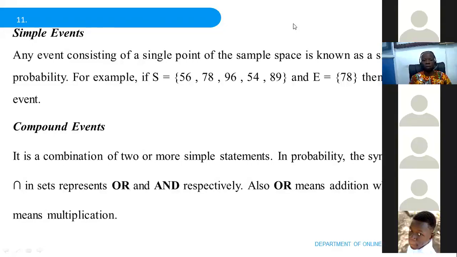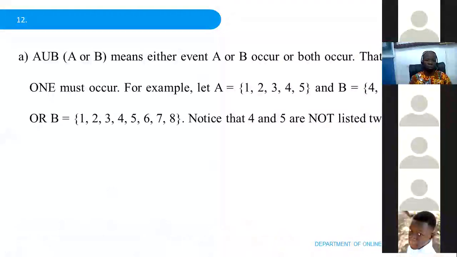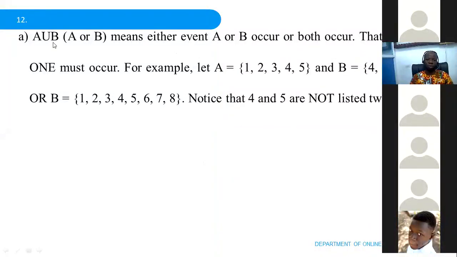Let's go to the next thing. Hence, for any two events, please write that. For any two given sets A and B, A union B, and we know that the union is the same as or.